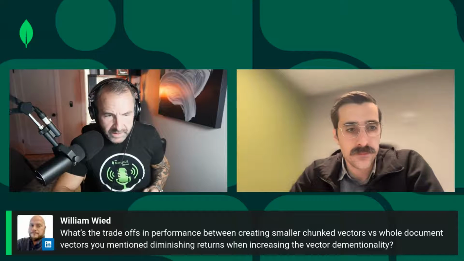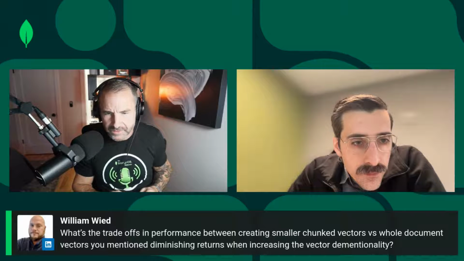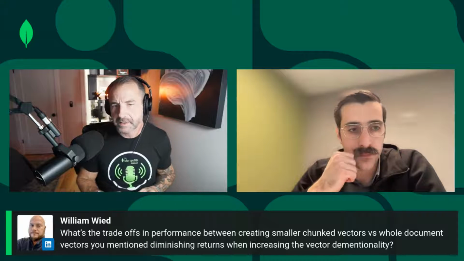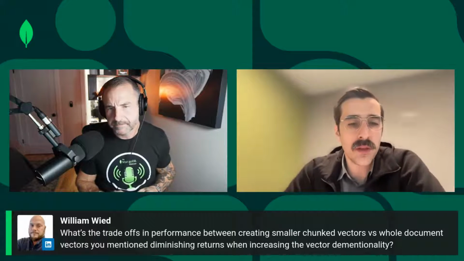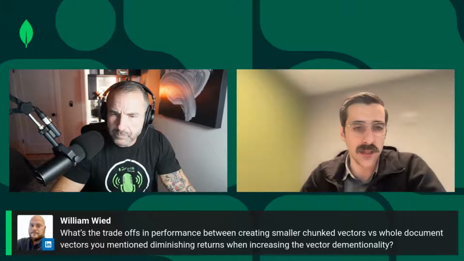Absolutely. All right, this question comes from William Weed. What are the trade-offs in performance between creating smaller chunked vectors versus whole document vectors? You mentioned diminishing returns when increasing the vector dimensionality. Yeah, absolutely. This is actually a slightly orthogonal question to the dimensionality itself.